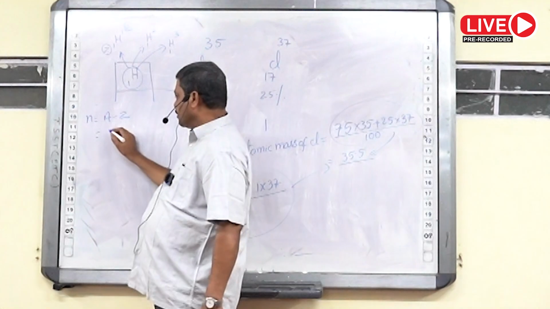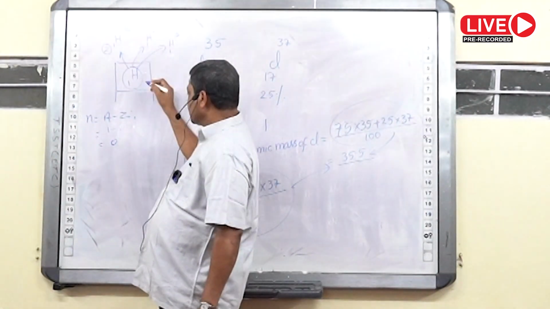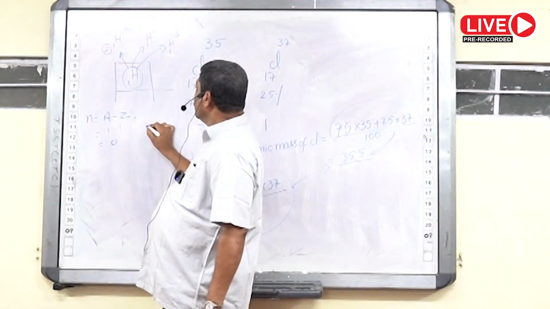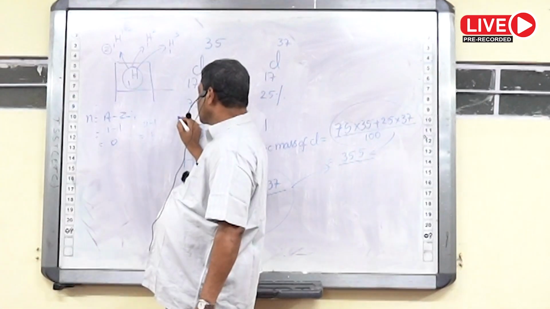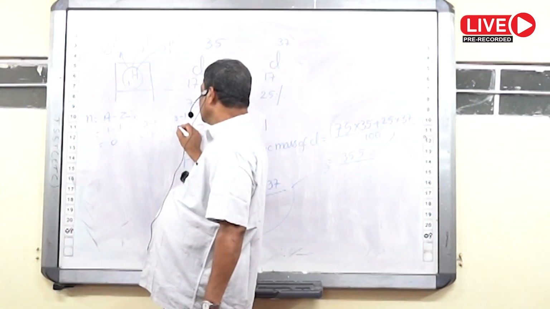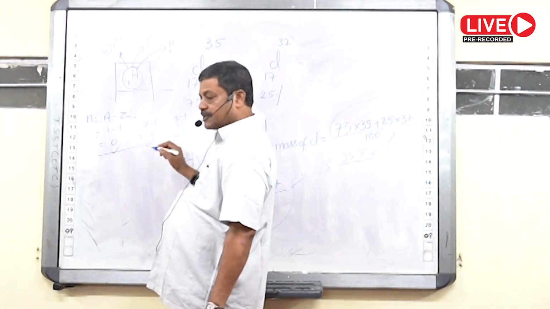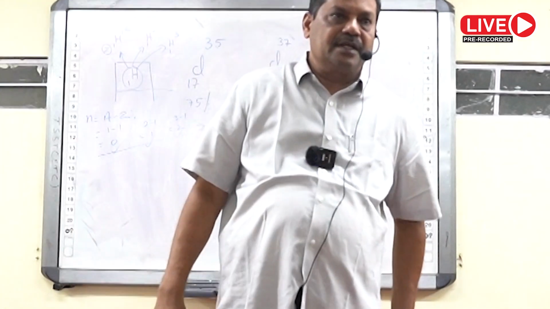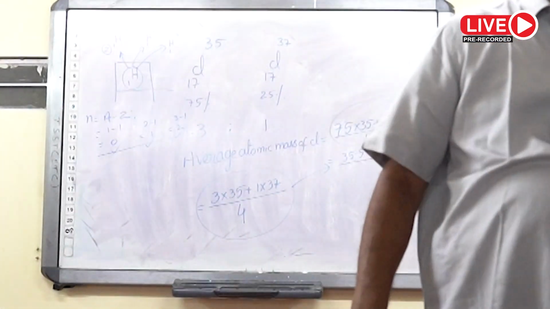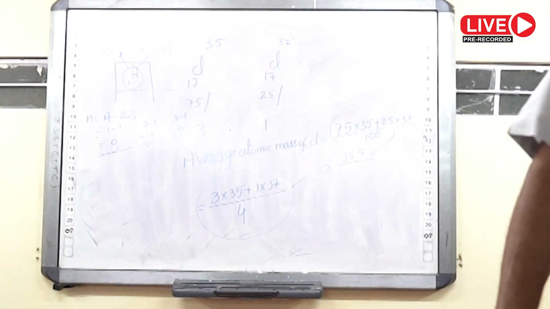For hydrogen, 1 minus 1, 0. For the second one, 2 minus 1, 1. Last one, 3 minus 1, 2. So isotopes differ in number of neutrons.